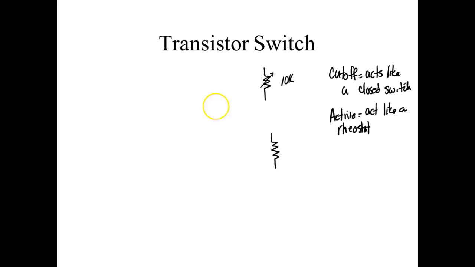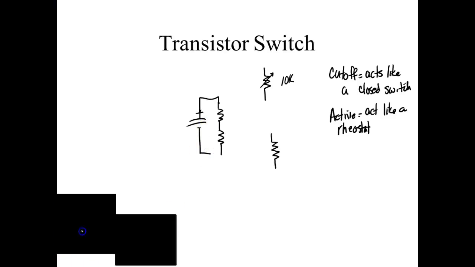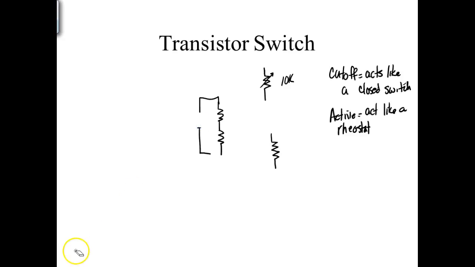So in a voltage divider, I can come over here and I can have like 2 resistors. And if I come over here and put a DC voltage across it, and that's a crummy symbol for a DC voltage, guys. Let's turn it this way. So that's the symbol for a DC source, right?